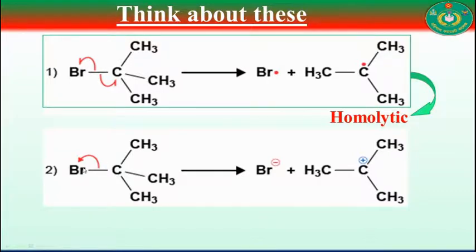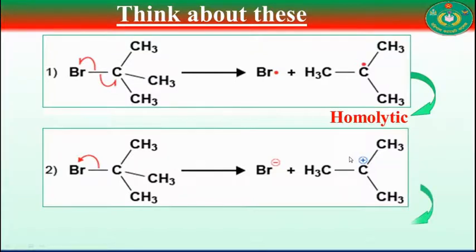So the two shared electrons move towards the bromine atom and produce a bromide anion and a tertiary carbocation. Boys, why is it known as tertiary carbocation? It will be discussed later. So we can say that this cleavage is heterolytic cleavage.